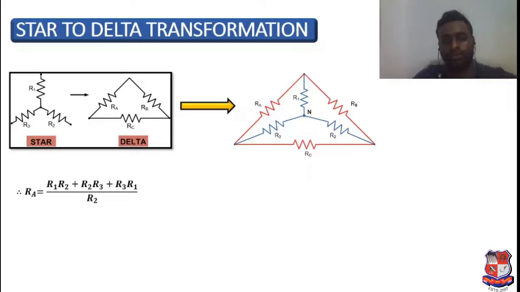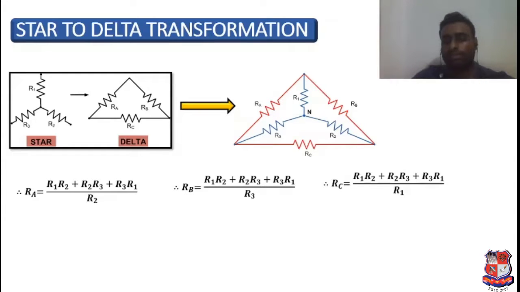You can see these are the equations for RA, RB and RC for the delta connected circuit. So from R1, R2 and R3 you have to find the equivalent RA, RB and RC for the delta circuit. Let us begin.